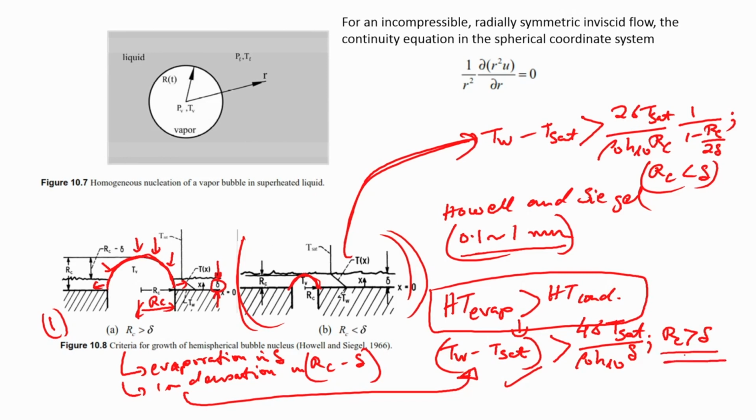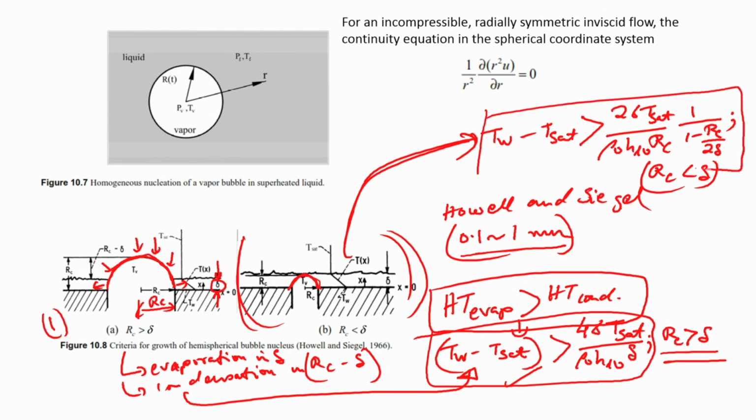When the cavity size is large, in order for a bubble to grow you need to have this relationship, for the other case you need to have that relationship. Okay. So, these are the two things that Siegel and Howell actually found out.